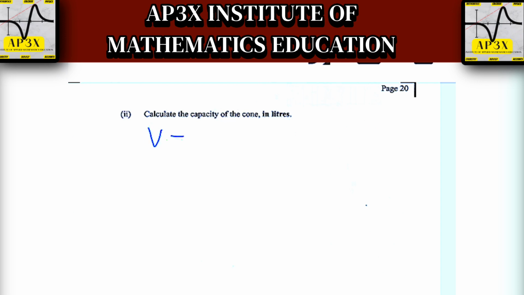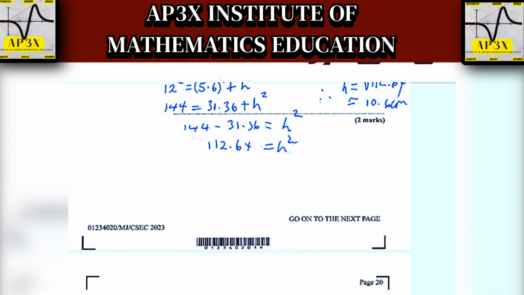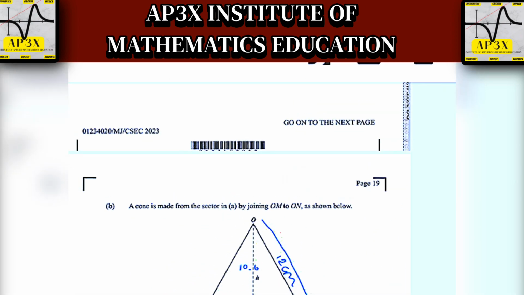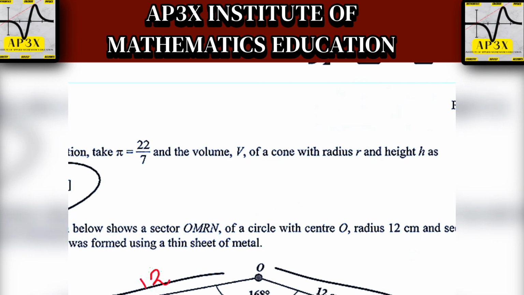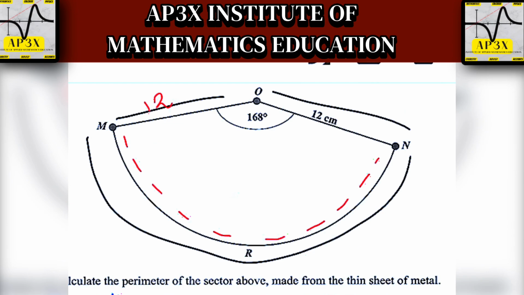So volume is equal to, and it so happens that they were very kind enough to provide us with the volume formula right here, that is 1/3 pi r squared h.